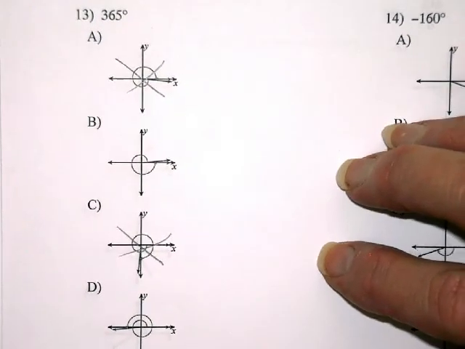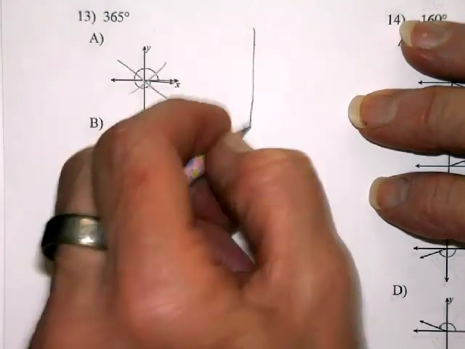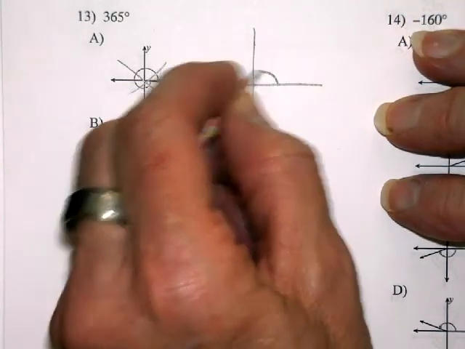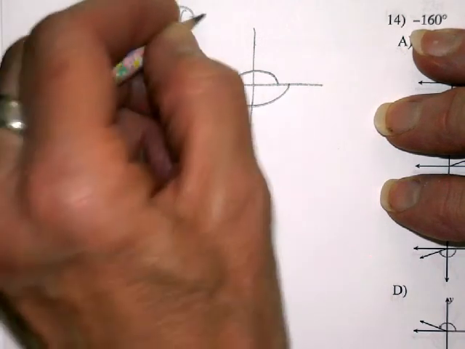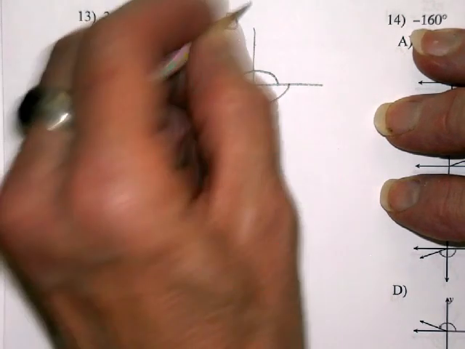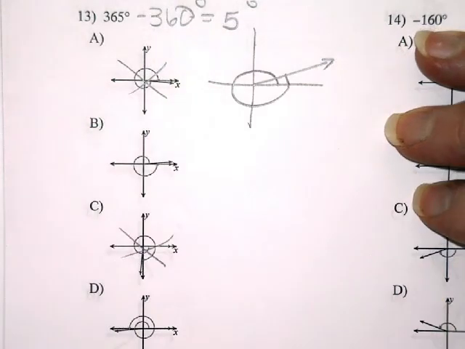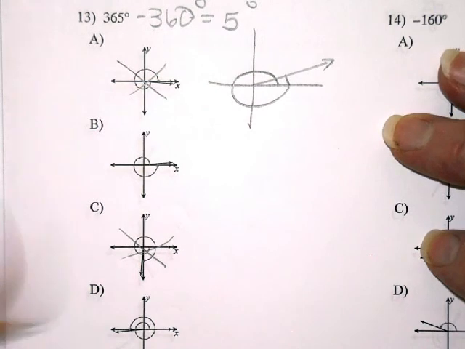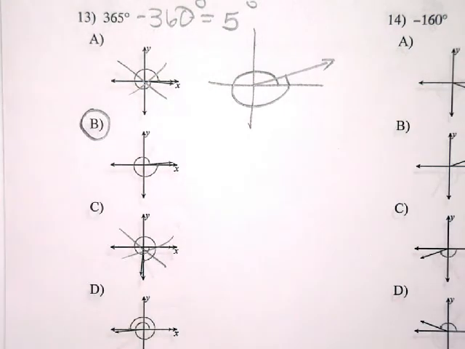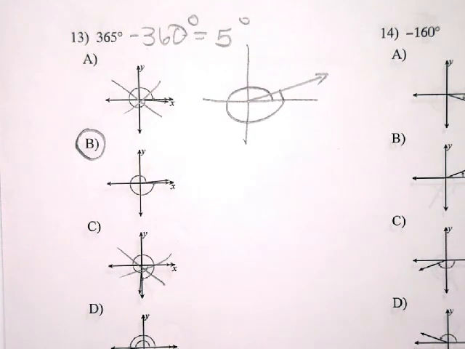So A is out, B is good, C is out, D is good. So then I'll go 360, 5 more. Just a sneeze above the x-axis. So between B and D, B is the winner.